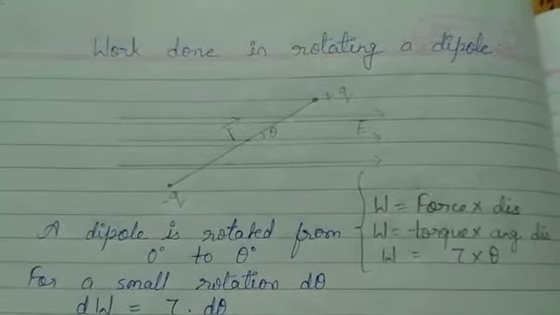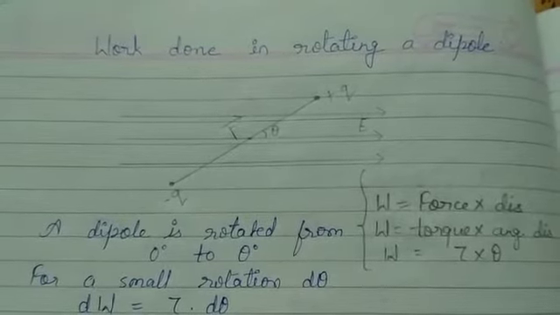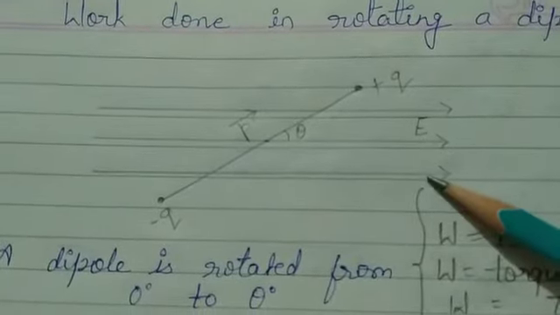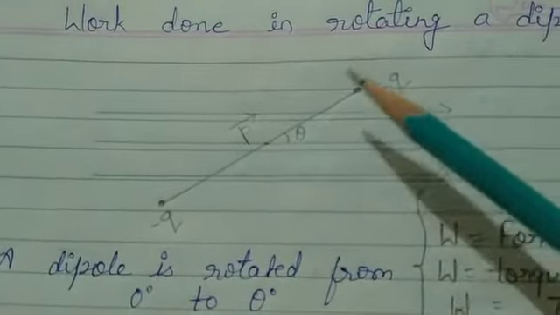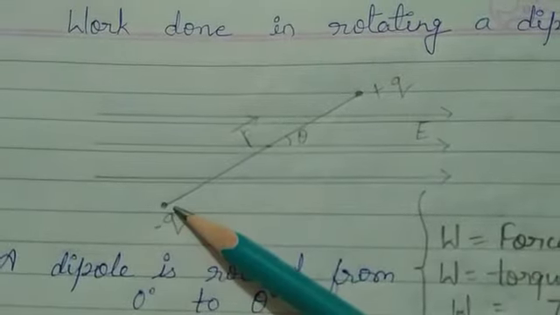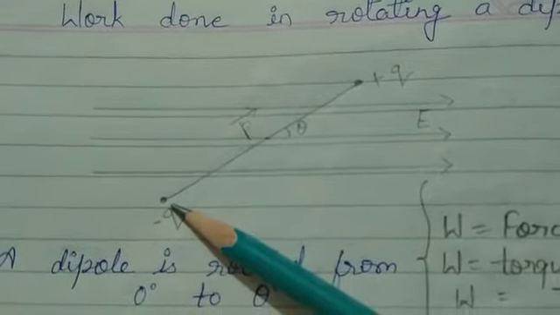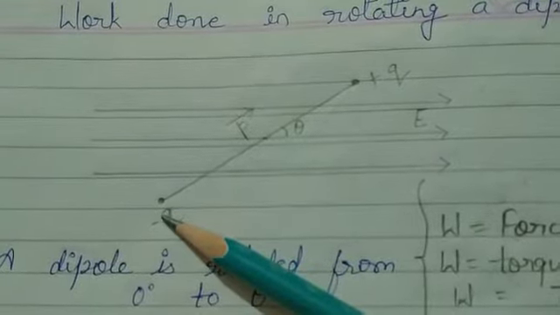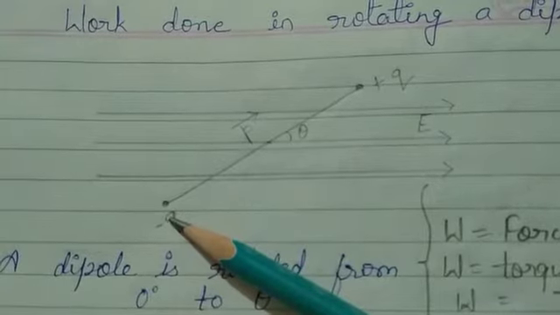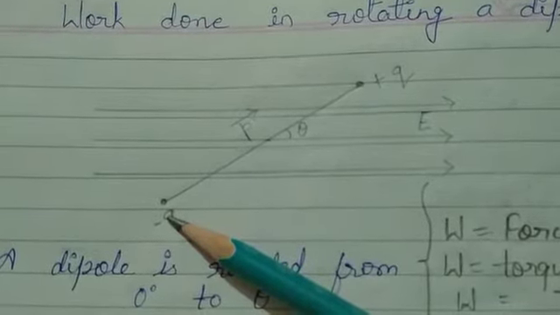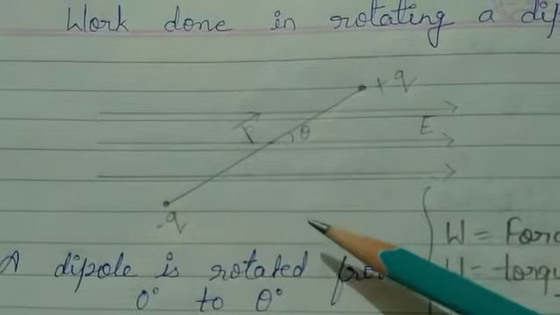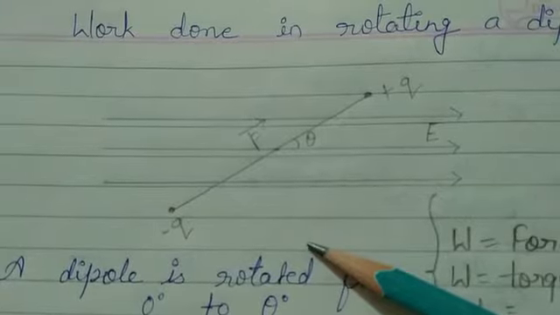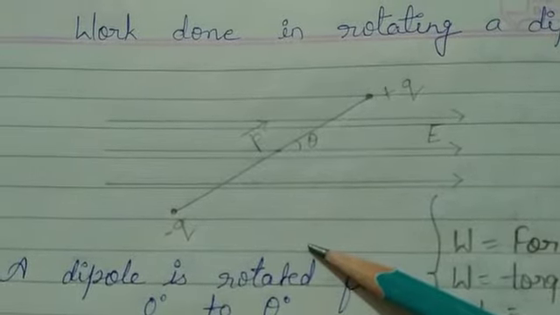So students, we have already discussed when the dipole is placed in an electric field, at both the ends of the dipole one force appears which is equal to QE. This force is equal but in opposite direction, and because of that torque is produced here, and torque is the force which rotates the dipole.